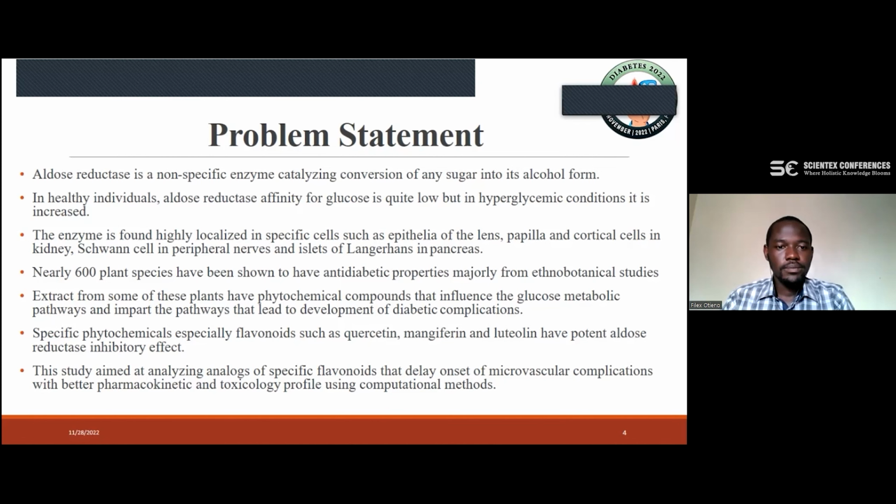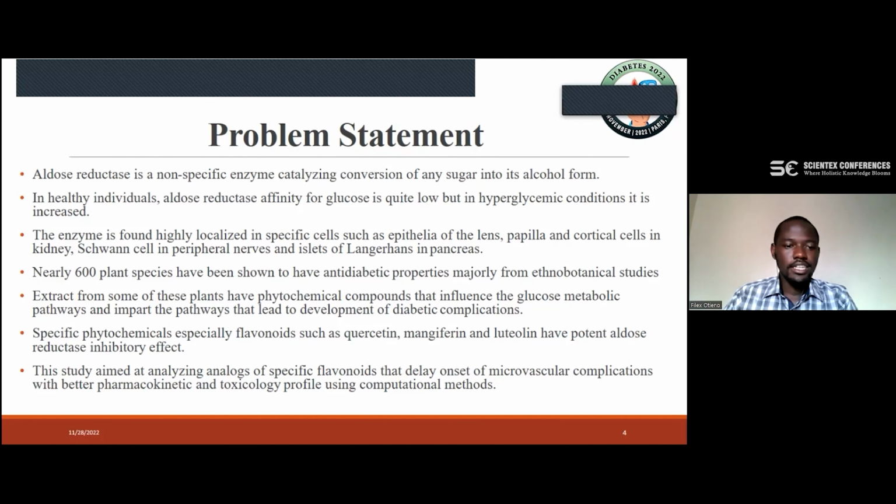Nearly 600 plant species have been shown to have antidiabetic properties, majorly from ethnobotanical studies, and extracts from these plants are phytochemical compounds that influence the glucose metabolic pathways. Specific phytochemicals, especially flavonoids such as quercetin, mangiferin, and luteolin, have potent aldose reductase inhibitory effect.